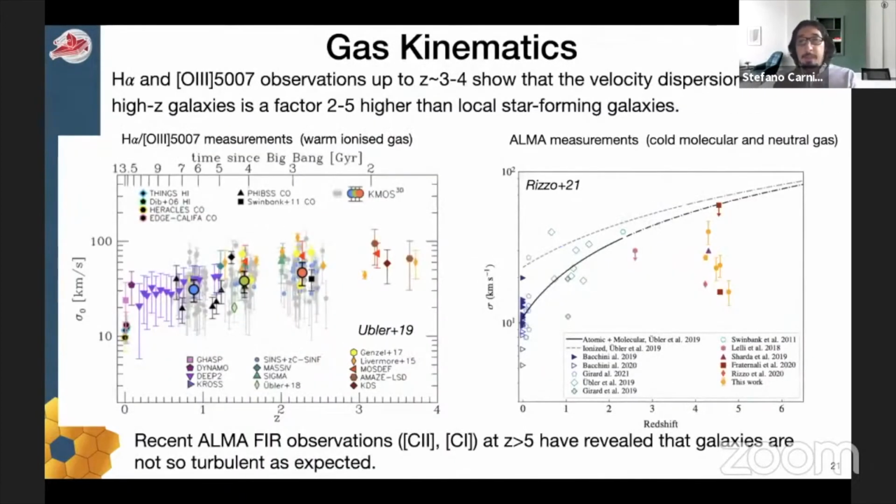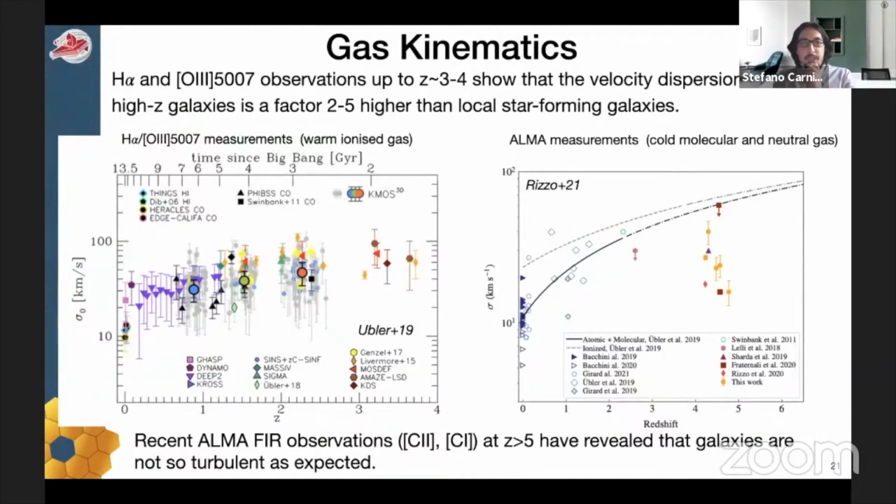Another important thing is the kinematics of the gas. A lot has been done at low redshift, and recently with ALMA it seems that the gas is less turbulent than what we expect from low-redshift observations. However, we cannot compare ALMA observations with ground-based observations like SINFONI or MOS, because they trace different gas phases.